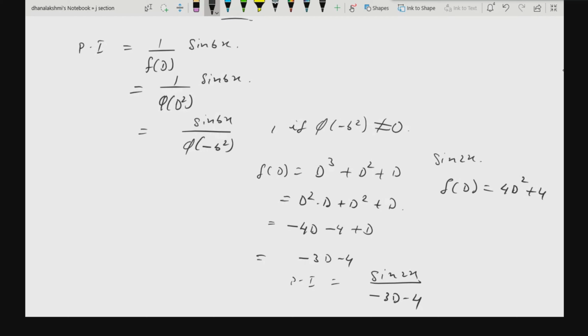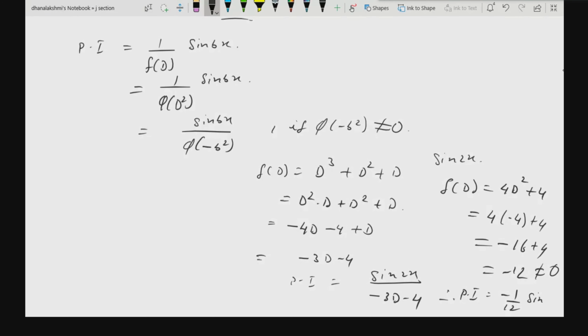So let us substitute D square equal to minus 2 square. That will be 4 into minus 4 plus 4. So how much have you got? Minus 16 plus 4, which is equal to minus 12. So this is not equal to 0. Therefore, the particular integral in this case will be minus 1 by 12 sine 2x.